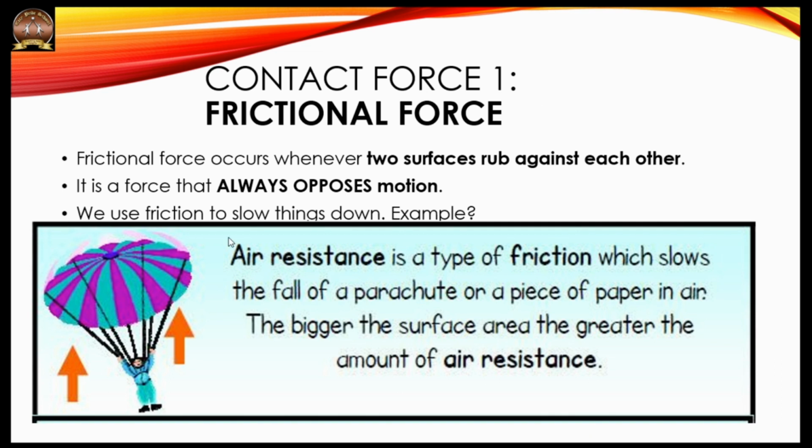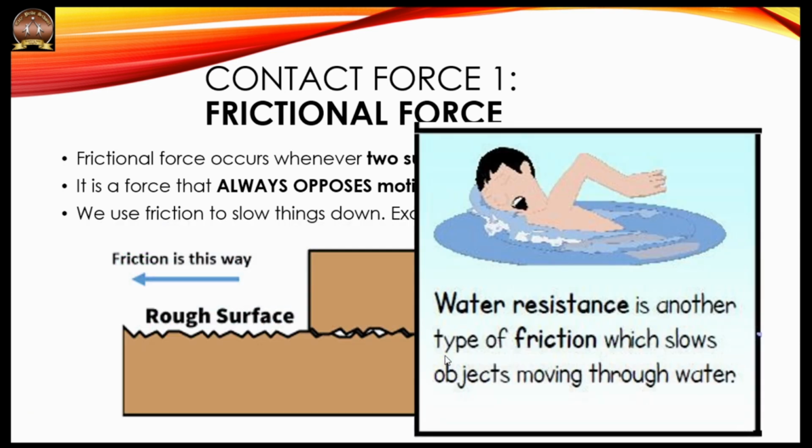Therefore, we could say that gravity or the gravitational pull of the earth pulls any object down with the same amount of force, but it is air resistance that actually slows down certain objects like feathers or balloons because of the greater surface area. Water resistance is also another type of friction which slows objects moving through water.